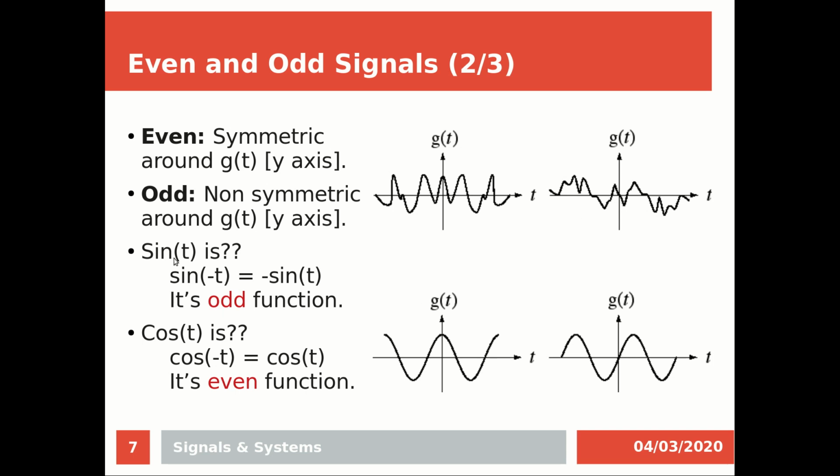So if we have the sine of t or the cosine of t, what is the type of this signal, if it is even or odd? Sine of t, if you write sine of minus t, you remove each t and you put minus t. This is the shape of the sine.